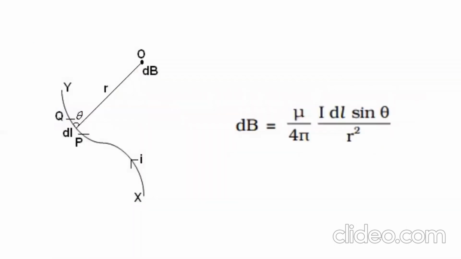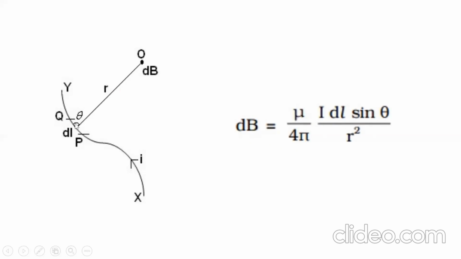Suppose a wire is carrying a current I. According to Biot-Savart's law, the magnetic field experienced at a point O will be equal to μ0/4π, which is a constant, times I, the current flowing through the wire, times the small element dl, times sine of theta.